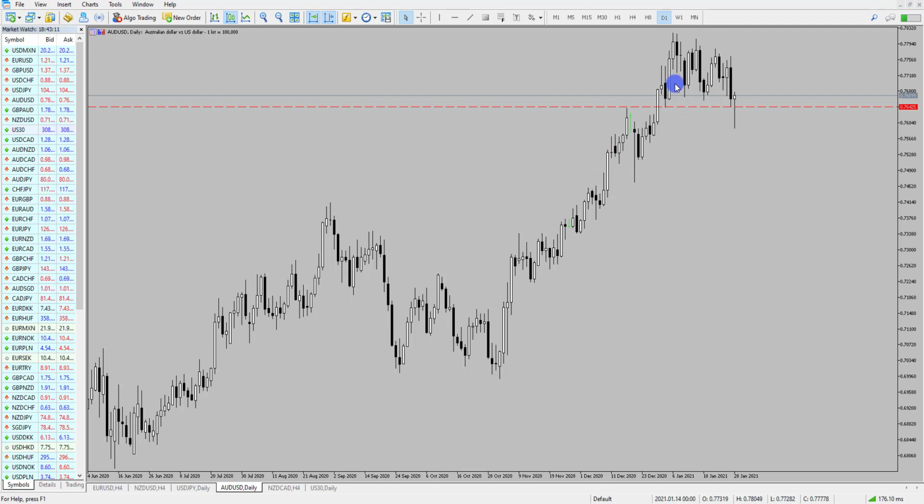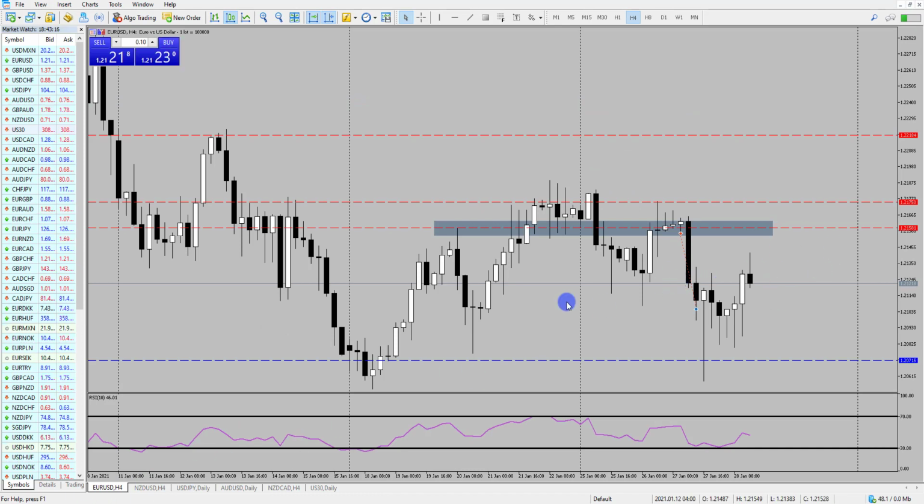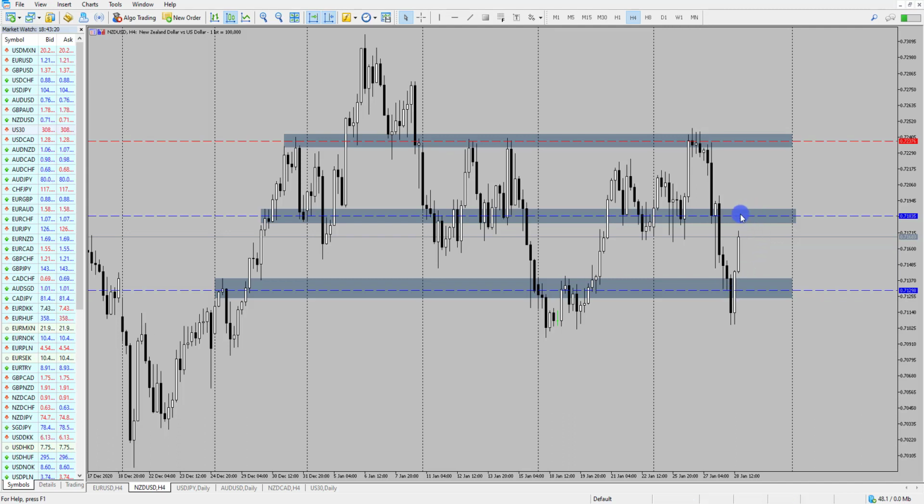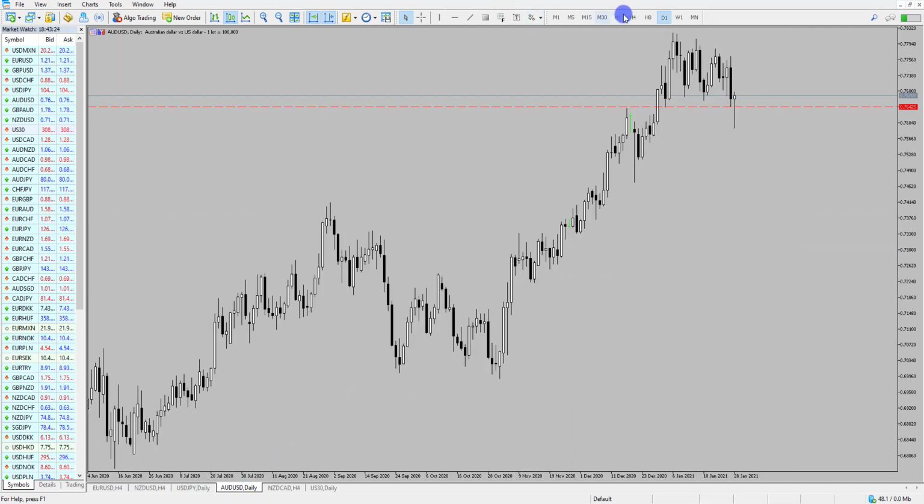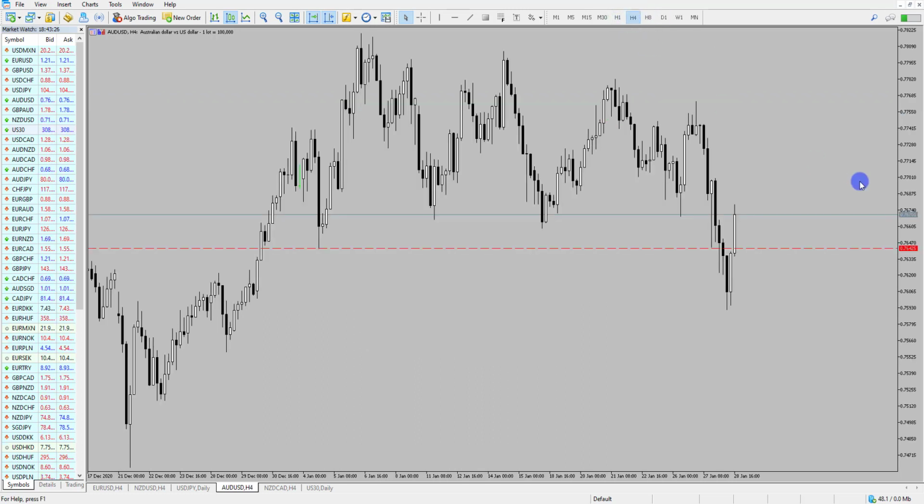We're obviously looking for some further downside on other pairs, such as the likes of Euro, which we got in short quite nicely, and Kiwi. Obviously, Kiwi's pulling back into a level of resistance as well. But Aussie here is looking like it's staying a little bit stronger at the moment. Look at the 4-hour time frame. What I typically like to do is, if the daily is bullish, I like to look at the 4-hour trend within that. So let's say, for example, down here, we saw the daily bullish candle.